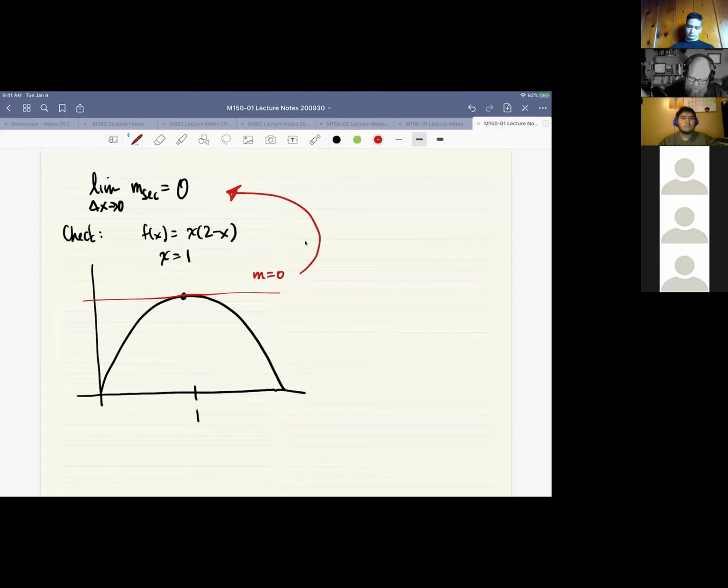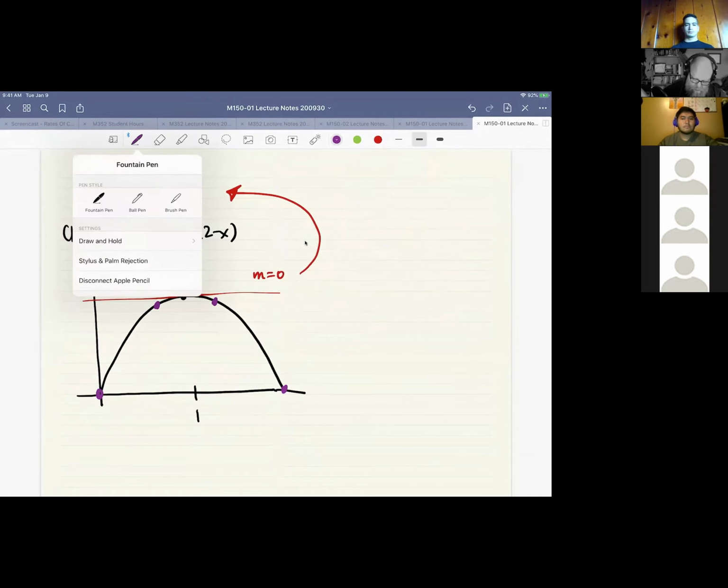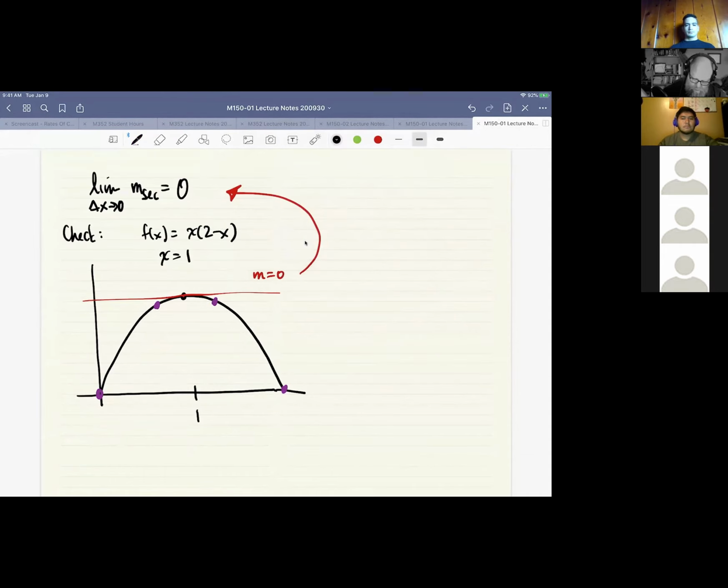And what we had been doing is calculating slopes of secant lines through points that approached that. Okay, so there's a principle here.